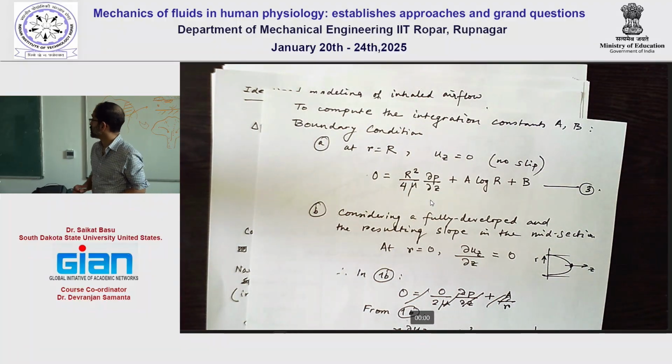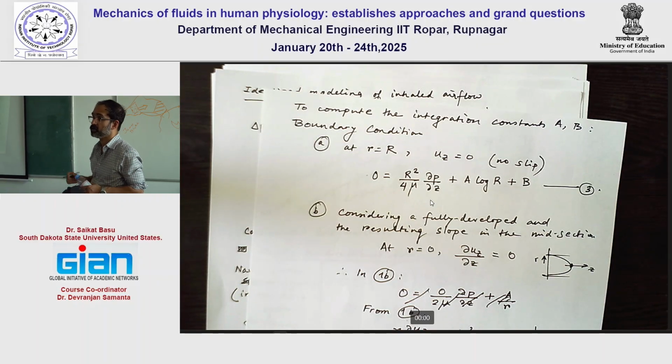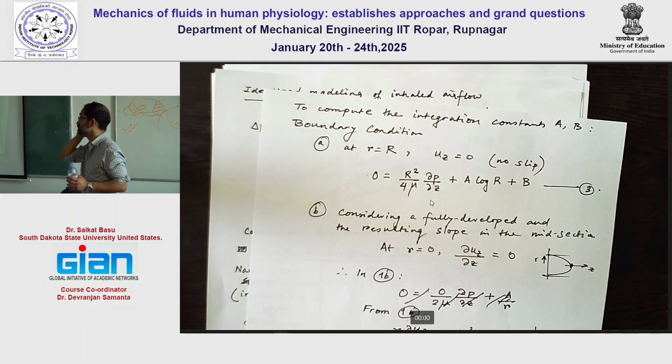Because we assume that capital R is constant, which it won't be. It would be a function of, say, Z, right? Because as we go further along Z, the R changes. So it would be a function of Z. That means that we are not going to get the constants of integration in this nice format. So it would be a more complex formalism, something worth thinking about.